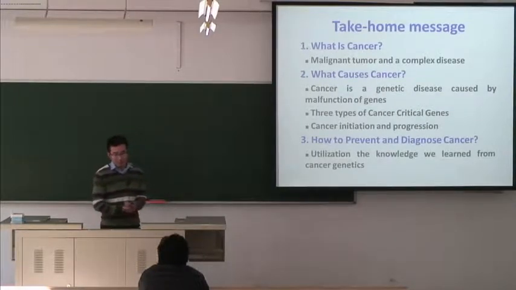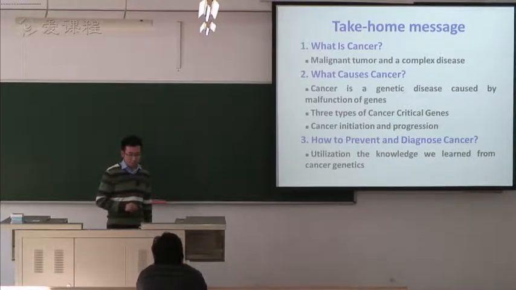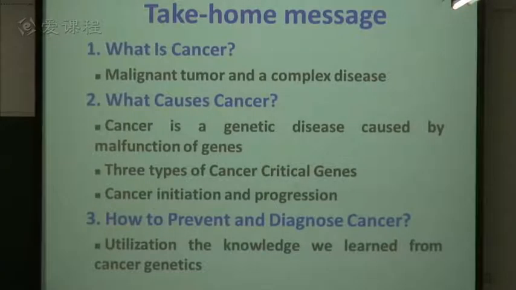So this is the main content of this lecture. In this lecture, I would like you to have a clear picture of what cancer is. Cancer is tumor cells that become malignant, and it's a very complex disease. And then, what causes cancer? I clearly showed that all these external causes and intrinsic causes have genetic links with cancers.